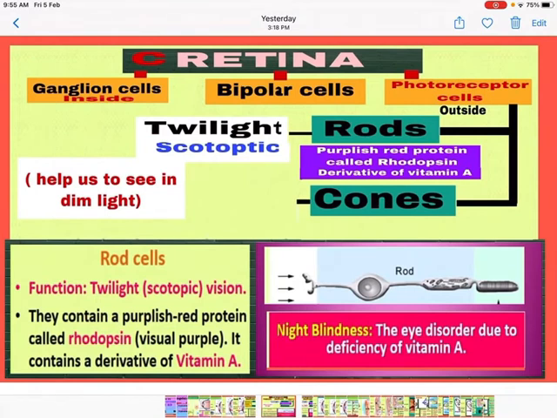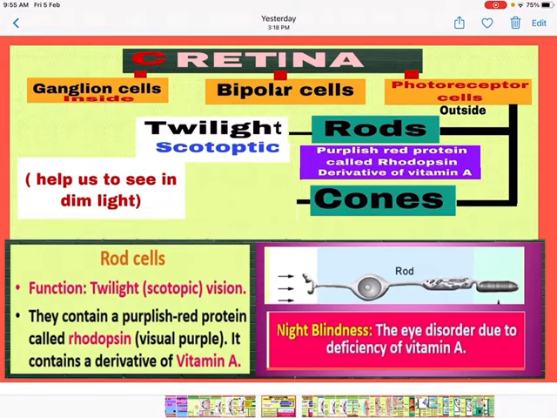Now see the rod cells. See side diagram, rod cell is shown here. They are responsible for twilight or scotopic vision, or you can say they help to see when light is less or in dim light.